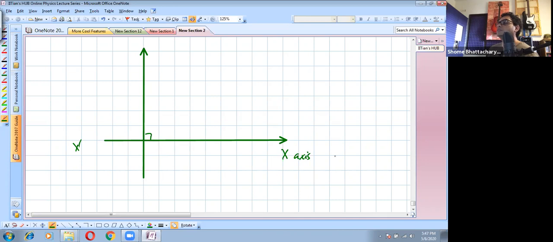So this is the positive direction. That's the negative direction, and this is your positive y-axis. This is y prime. Okay.